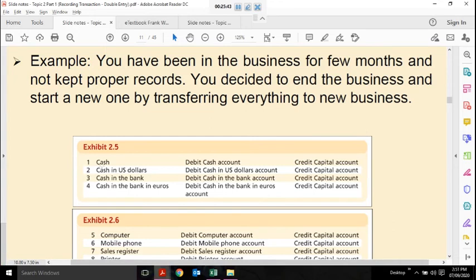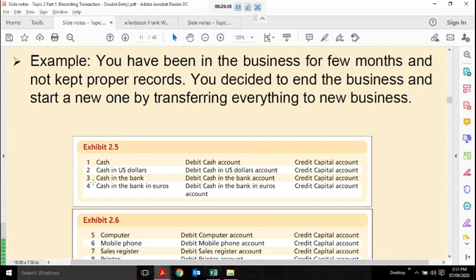This applies the same for the cash in US dollars and cash in the bank in euros. Basically, as we can see here, the capital is the same, because you are just transferring your money from the business, which you didn't keep in proper records. Now you want to have the proper one, so you should transfer it under the credit capital account.